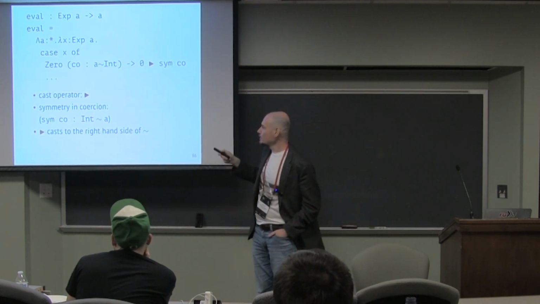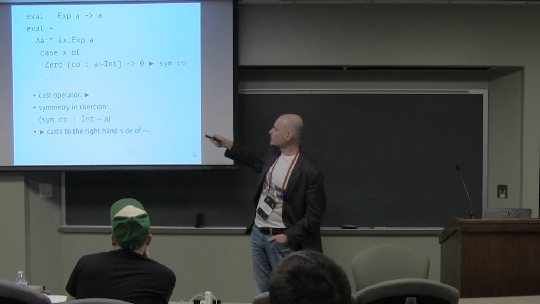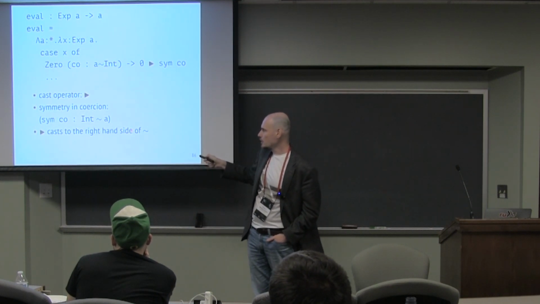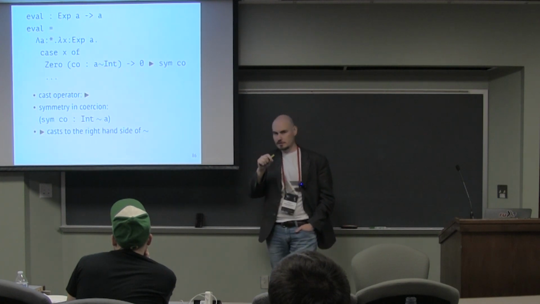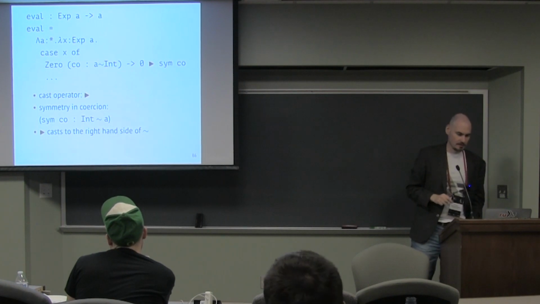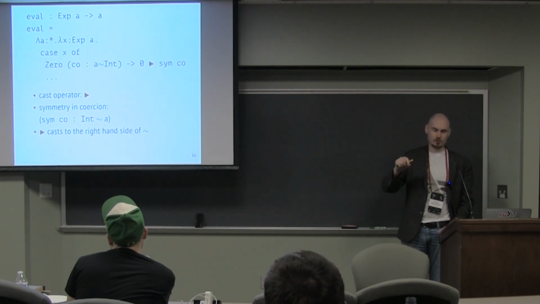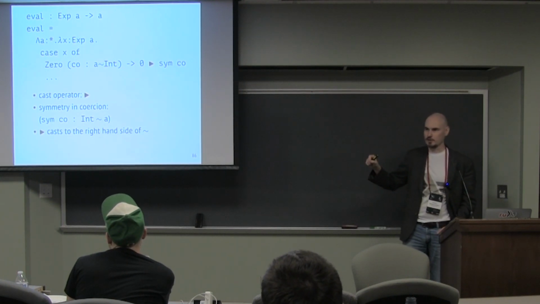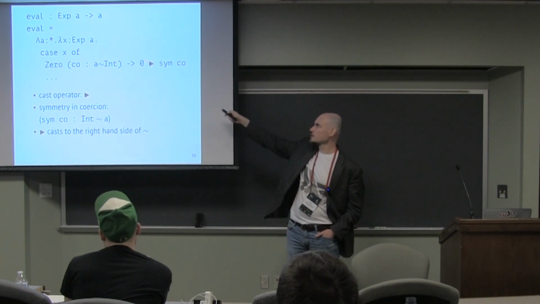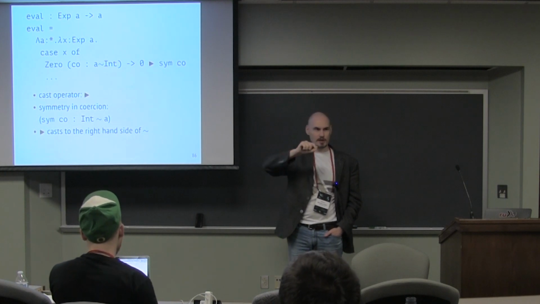What are we using here? Well, we're using the cast operator, and it is defined as follows. It takes this equality, and then it casts to the right hand side of that equality. So here what should we do? We should take this 0 and cast it.